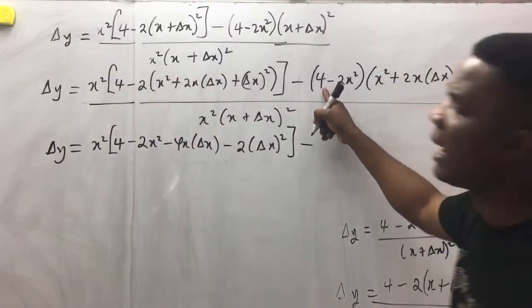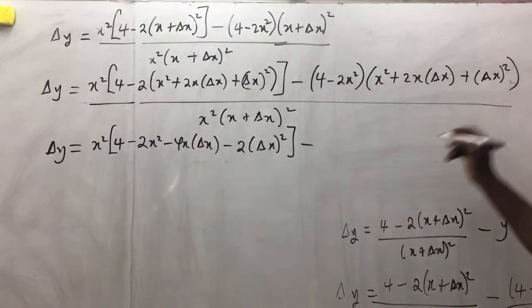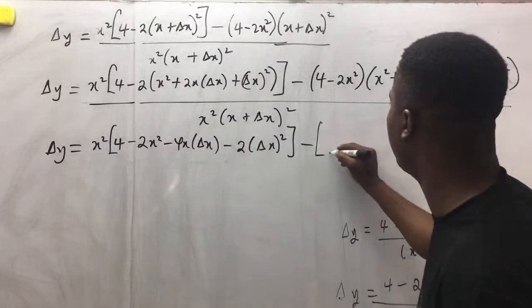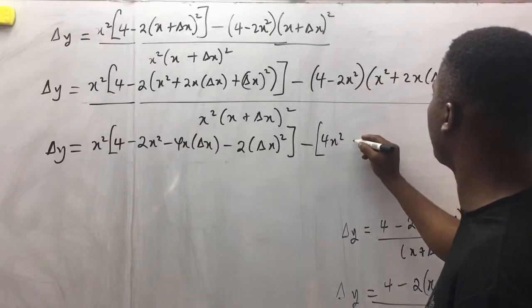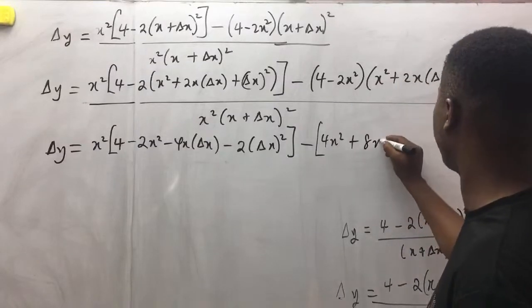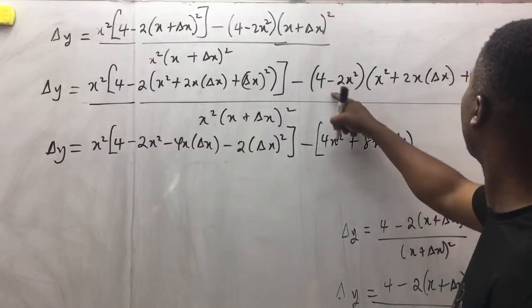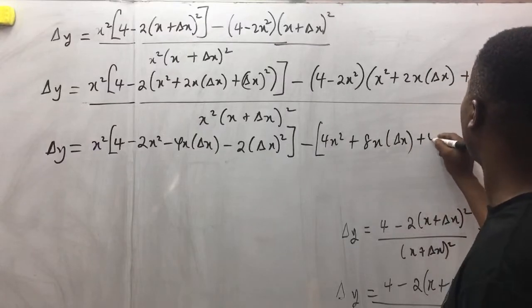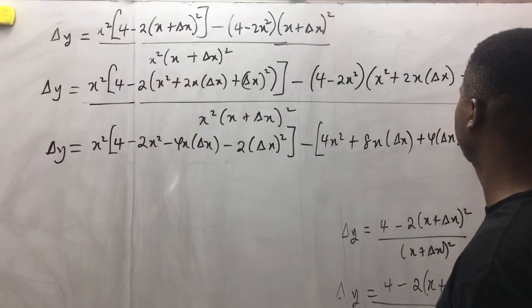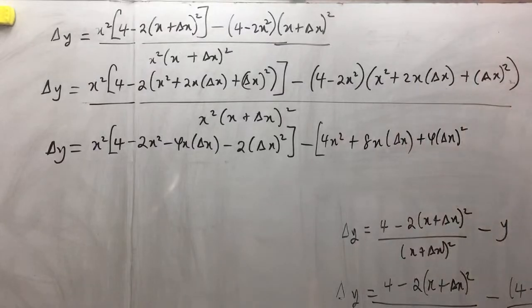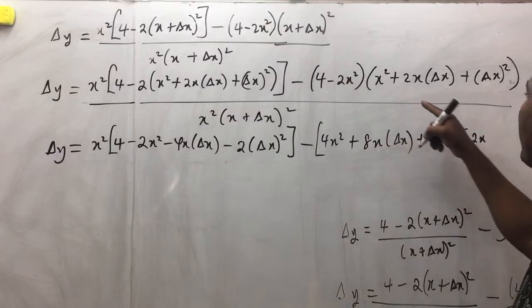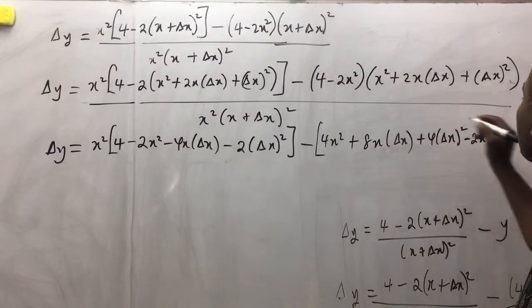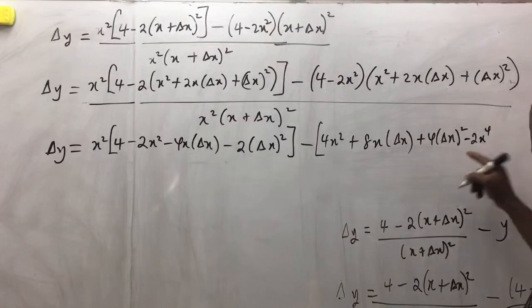Now, here I'm going to use 4 to expand this bracket. That will give us 4 times x squared is 4x squared. 4 times 2x will give me 8x change in x here. 4 times the last term will give us 4 change in x all squared. Then minus 2. Use minus 2x squared to open up the bracket. Minus 2x squared times x squared will give us minus 2x to the power 4.